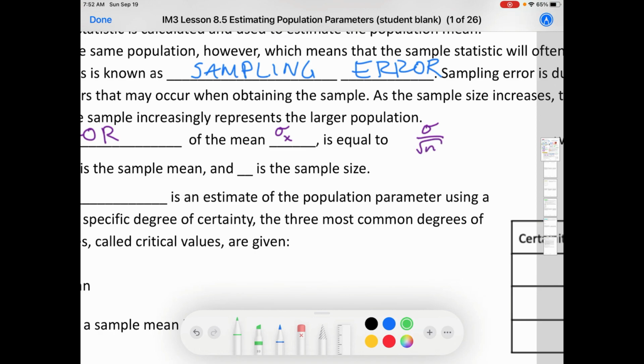So let's make sure we understand that part. This sigma is the population standard deviation.